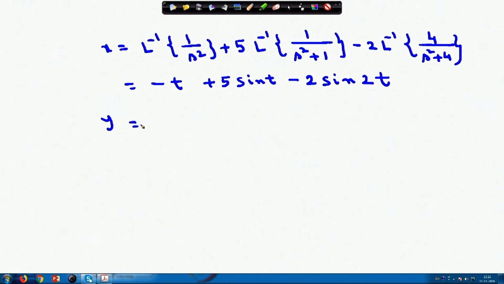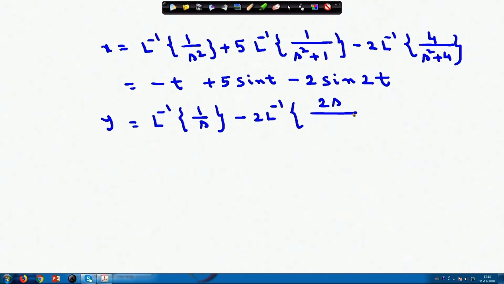In the same way, I can write y equals Laplace inverse of 1 by s minus 2 into Laplace inverse of s by s square plus 1 plus Laplace inverse of s by s square plus 4.